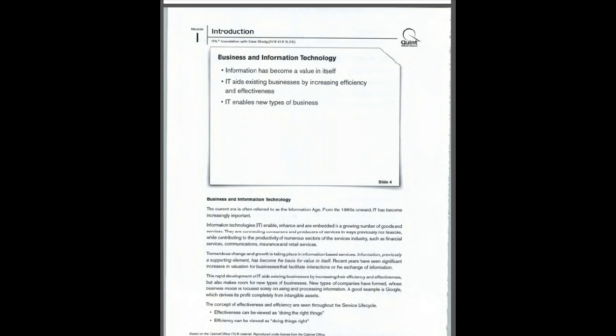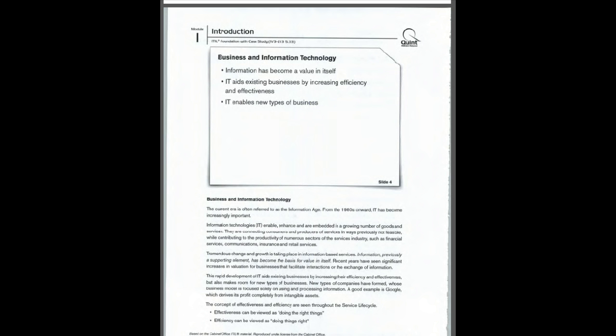They are connecting consumers and producers of services in ways previously not feasible, while contributing to the productivity of numerous sectors in the services industry, such as financial services, communications, insurance, and retail services.